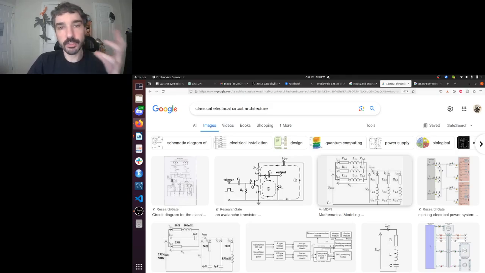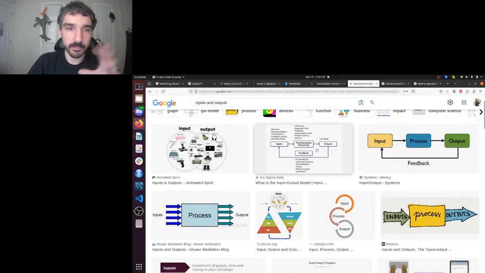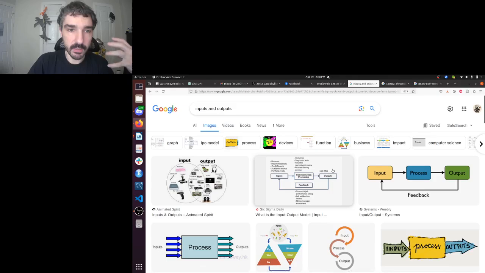So essentially that's what we get with these classical circuit architectures, and we get these inputs and these outputs, right? There's the processing of the inputs to the outputs.